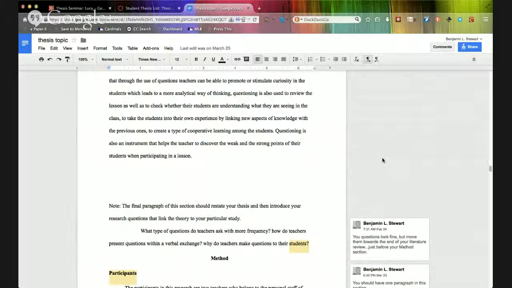Okay. Let me see. Is there anything else here that we need to talk about? Okay. One last thing. When you talk about the evidence, let's say you use a paragraph where you're only talking about your results. When you present your results, use transition words that compare and contrast within the paragraph.